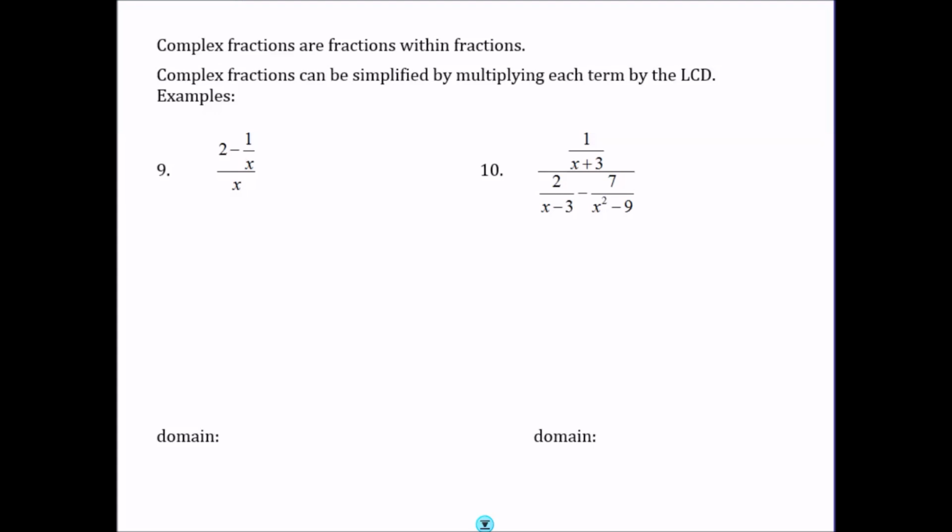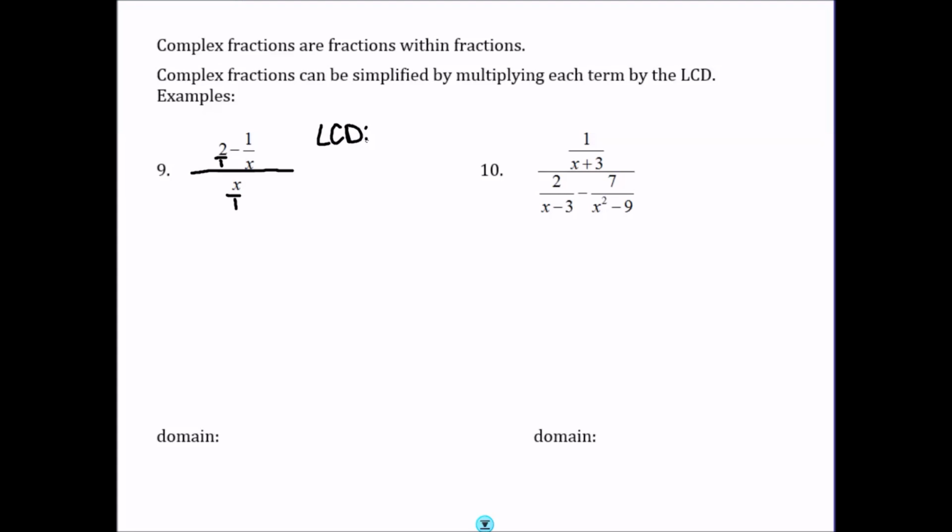So this first fraction is 2 minus 1 over x over x. So I'm going to make sure that all of these pieces are fractions. So I have 2 over 1 minus 1 over x over 1. Then I need to find my LCD. If I look at my denominators, they are 1, x, and 1.